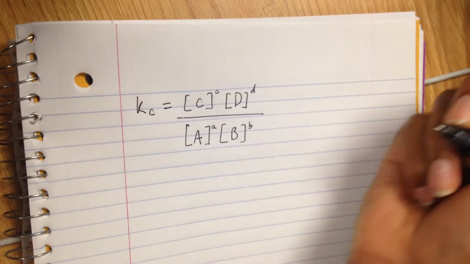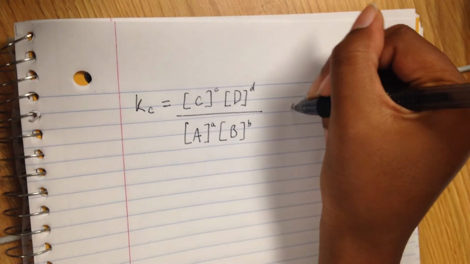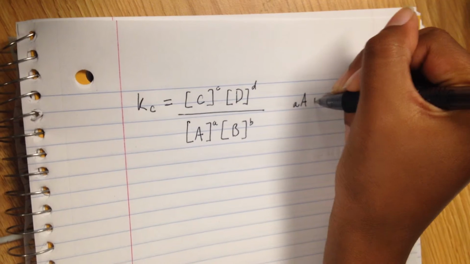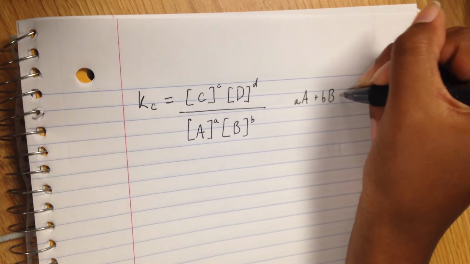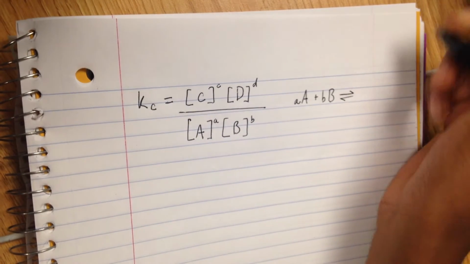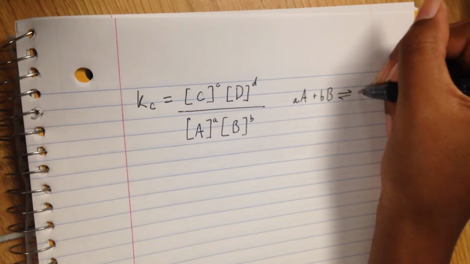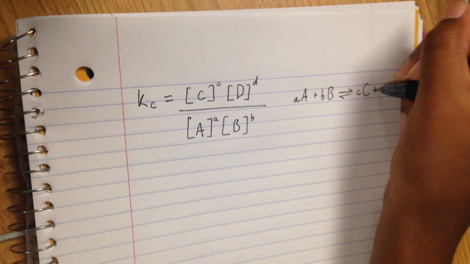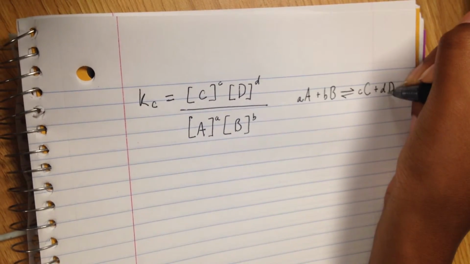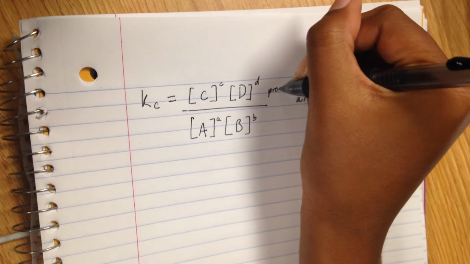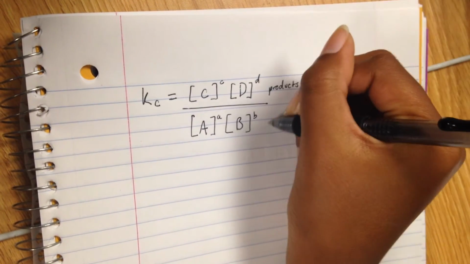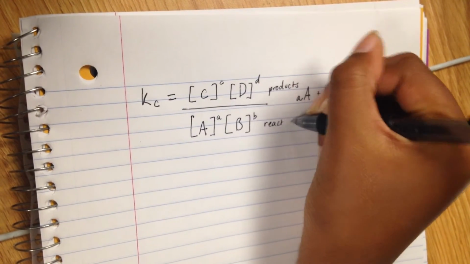Next, I'm going to give a general form of what a reaction would look like using those coefficients, so we know where to put what. In the numerator we have our products, and in the denominator we have our reactants.